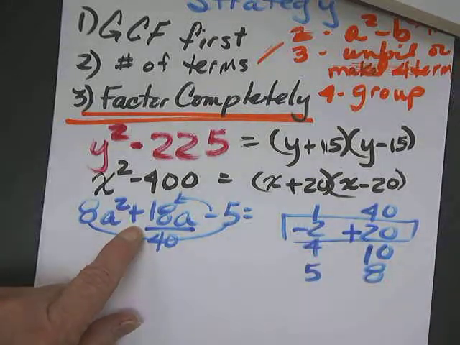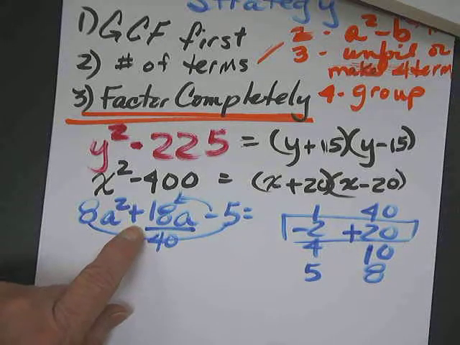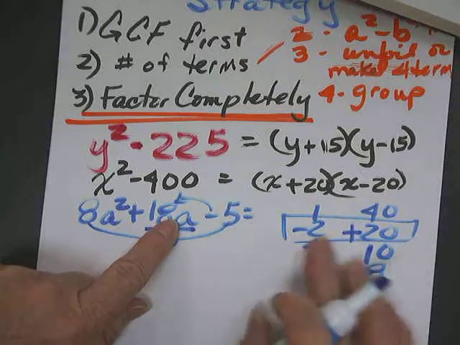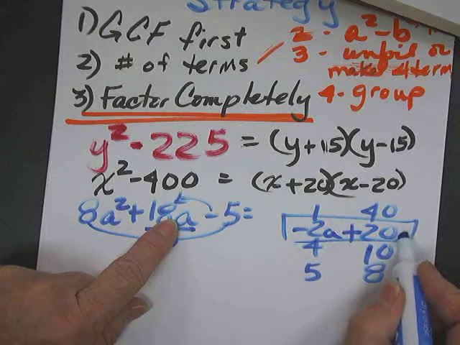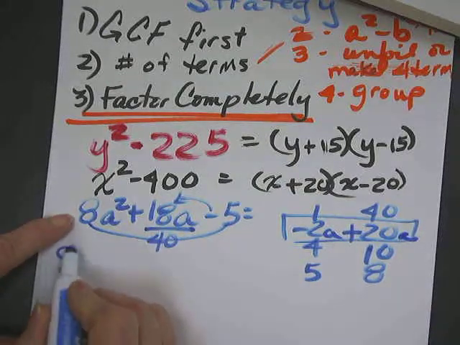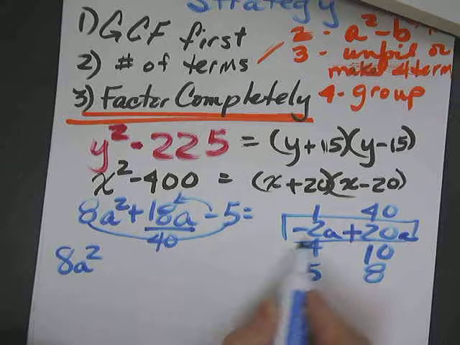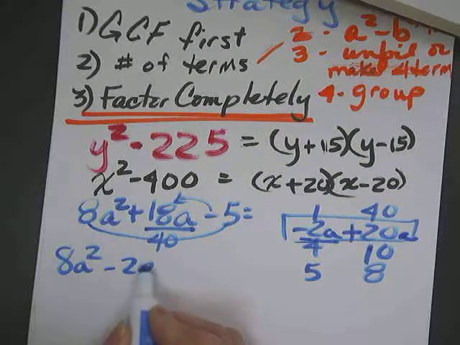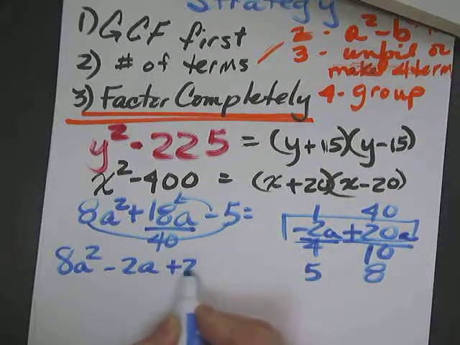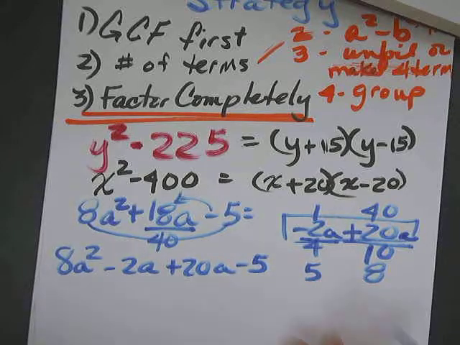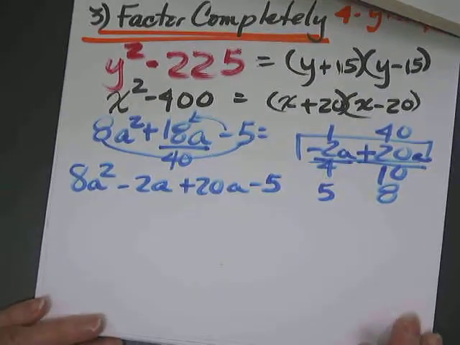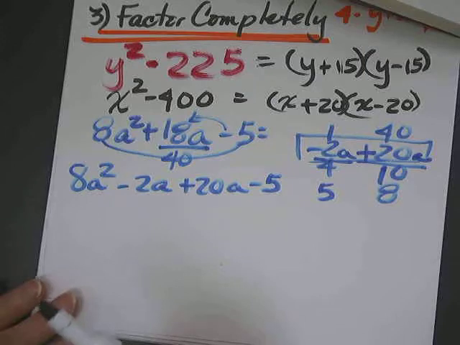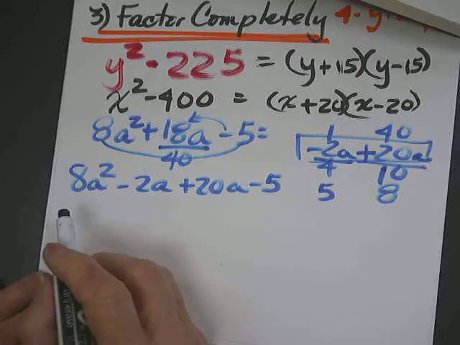Okay, so we're going to change this, let's see, we need positive 20, negative 2, right? So we're going to change this into that a and that a. So we have 8a squared minus 2a plus 20a minus 5.